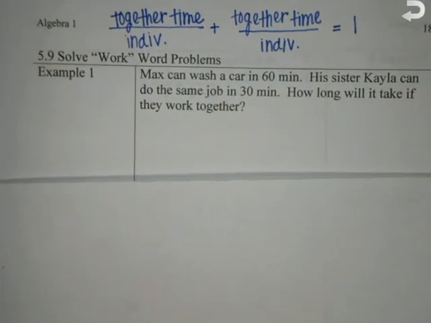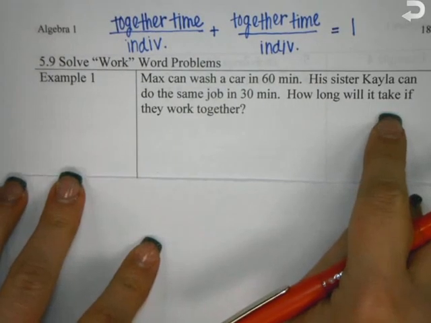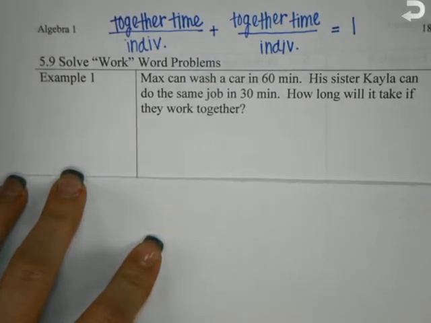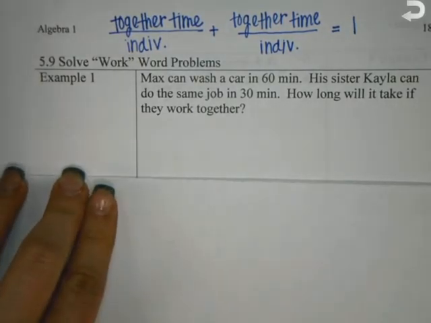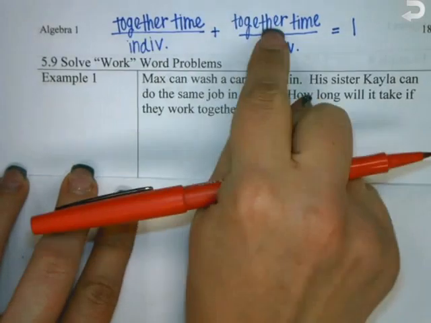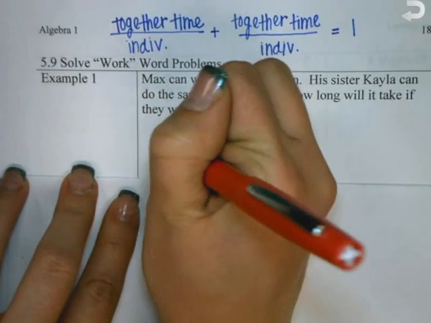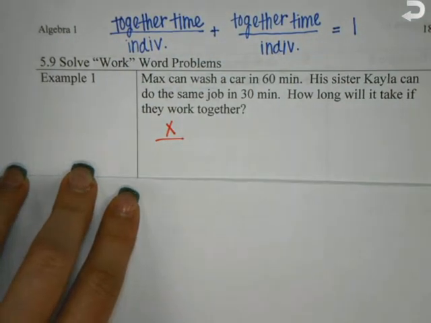So, let's look at this. Do we know how long it takes if they work together? No, so that's our variable. That's what we're trying to figure out. So let's set a variable for it. What do you want to do? X? Okay, so X is the together time. So we have X over one individual's job, so 60.